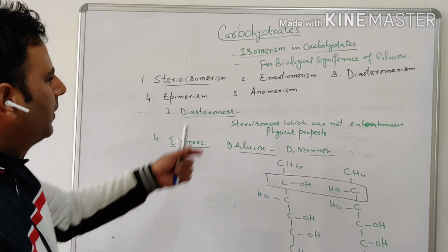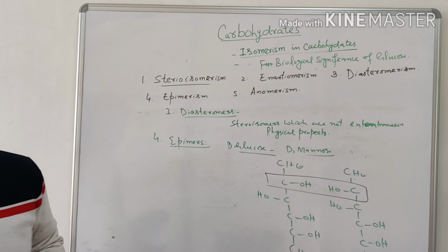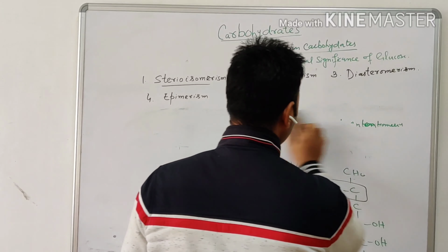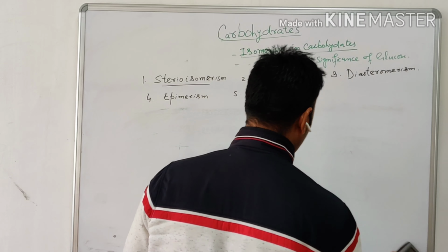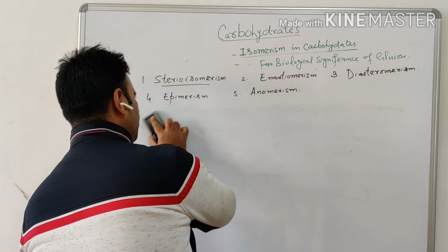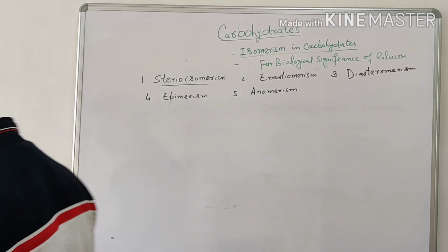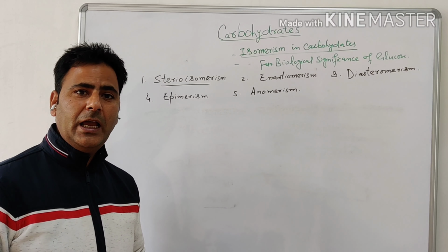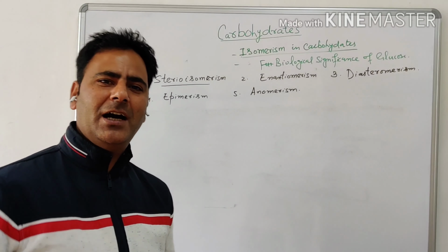Then we have the last thing: what are anomers? Anomers are the sugars which differ in the configuration of the OH group around the anomeric carbon, or the top chiral carbon.